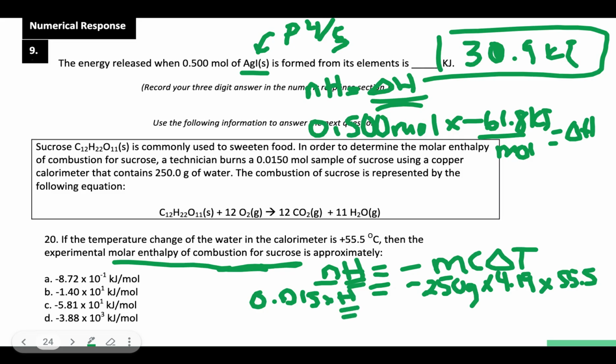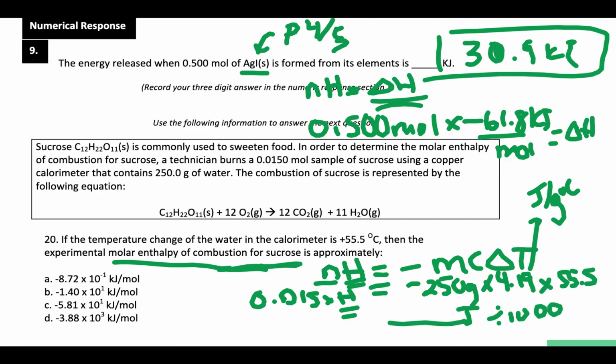And so now you're just going to isolate H. And then we have to remember, because of your specific heat capacity, joules per gram degree Celsius, when you calculate it, your answer will be in joules. You'll still need to divide it by 1,000 to get it into kilojoules. And when we do that and have correct sig digs, your answer will be D.